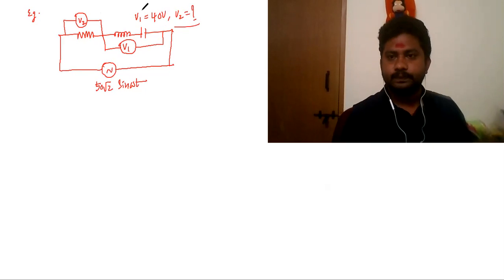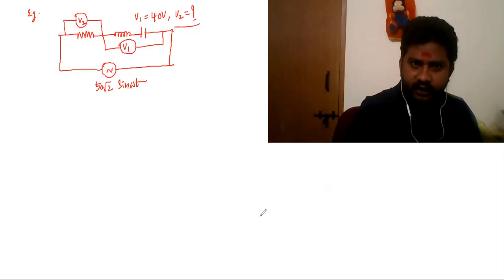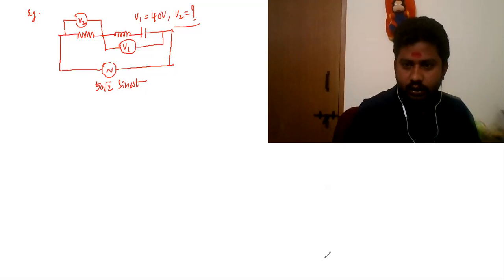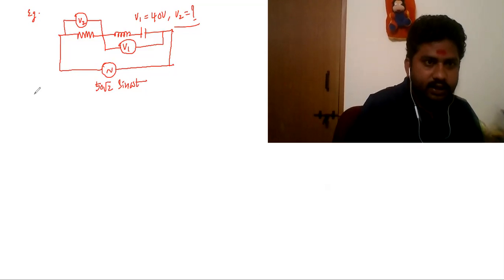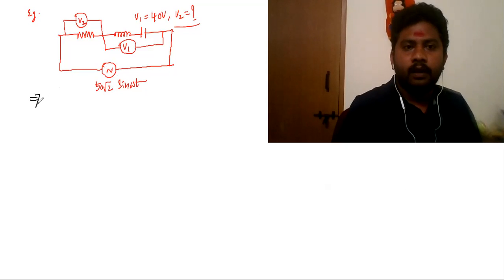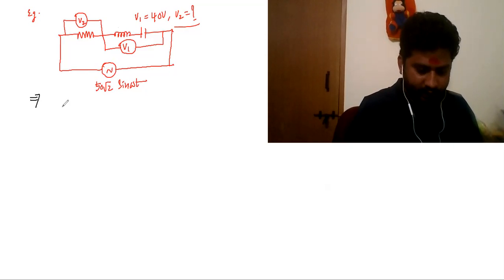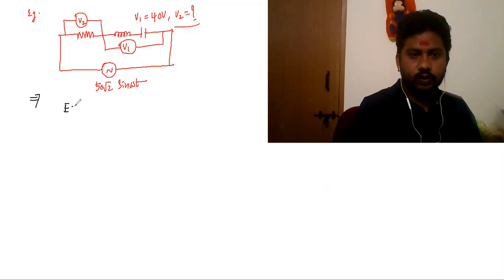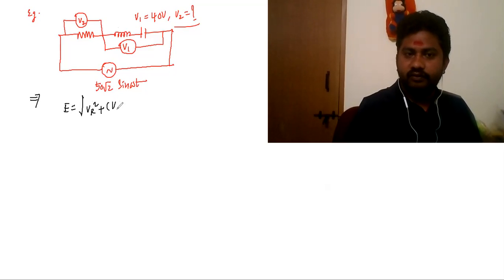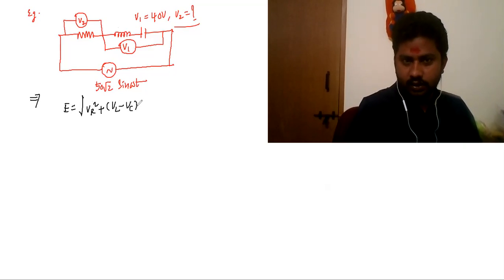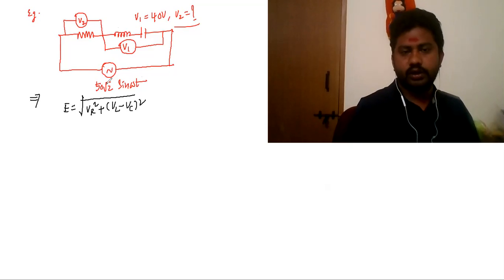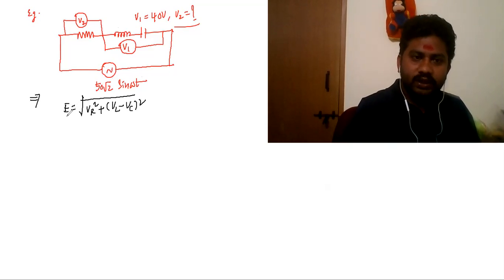Now, how to find this V2? Let's find V2 here. How simple it is, let us see. To find V2, the potential across this, we have the formula, right? E is equal to square root of VR square plus VL minus VC whole square. This is the formula you know already. Now, what is this?